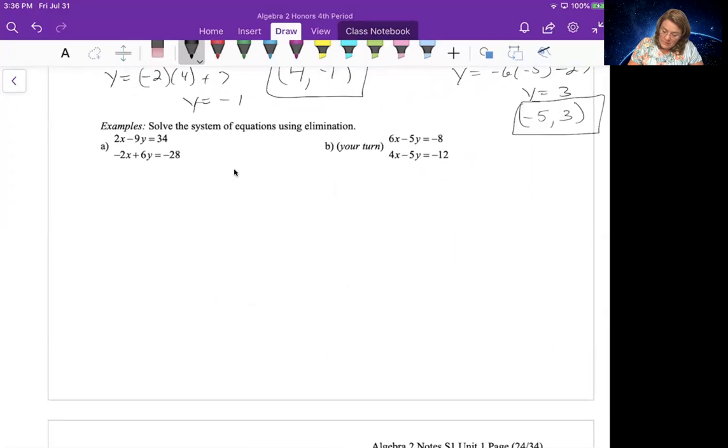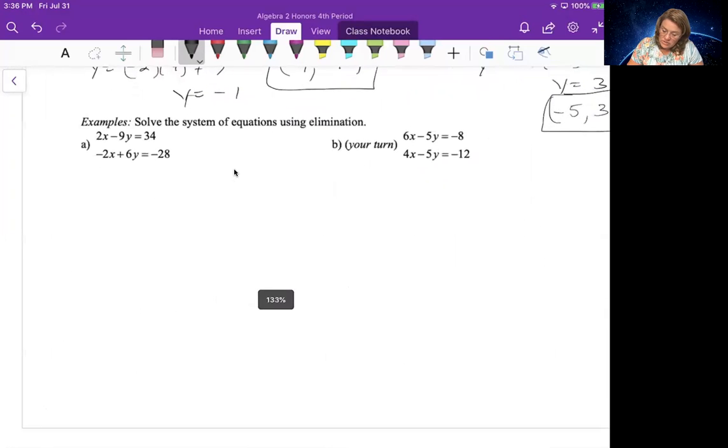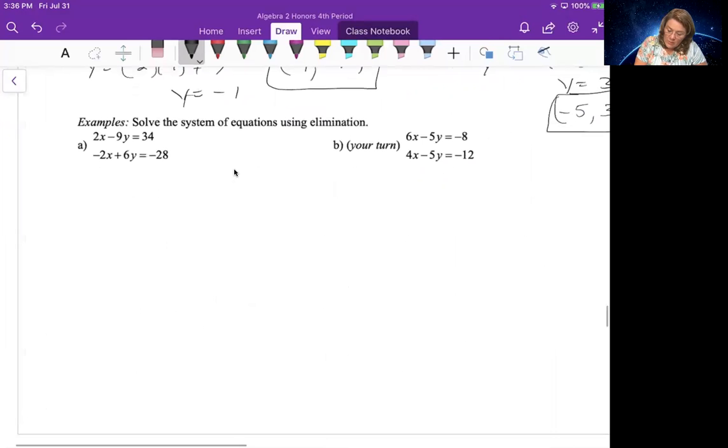What about solve the system of equations using elimination? I want to eliminate. I'm going to add these two equations together, and I'm trying to eliminate one of the variables. I need either the x or the y to disappear. And in example A, I don't have to manipulate this equation at all.